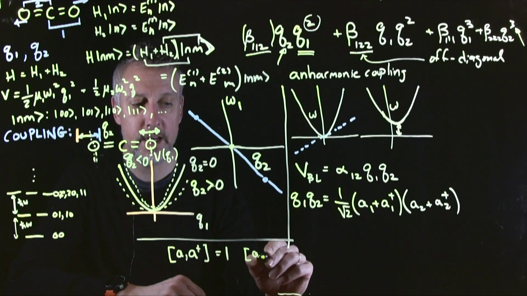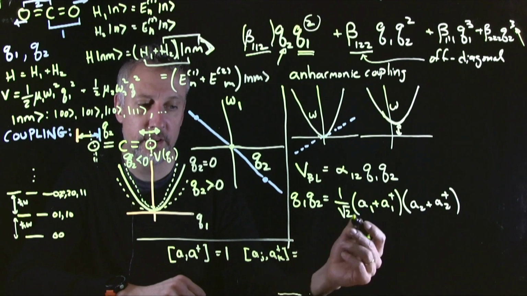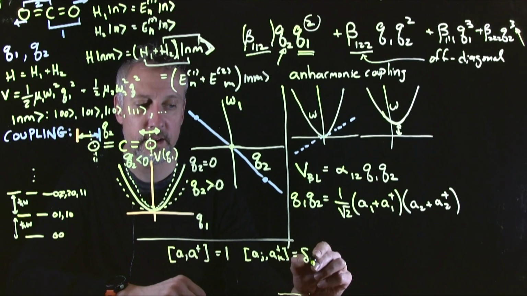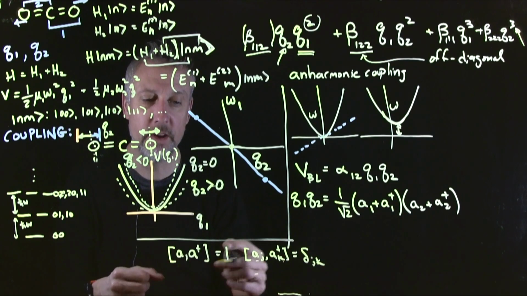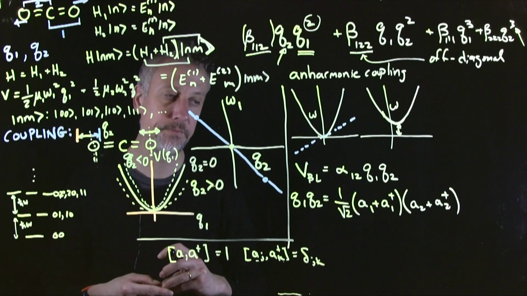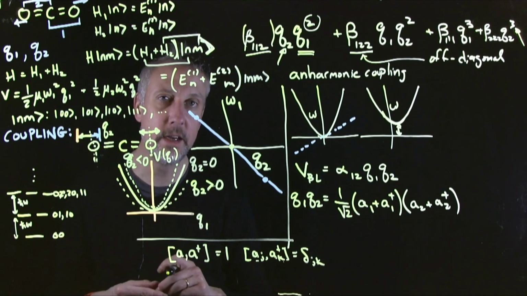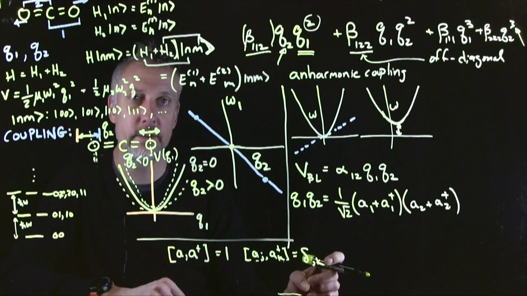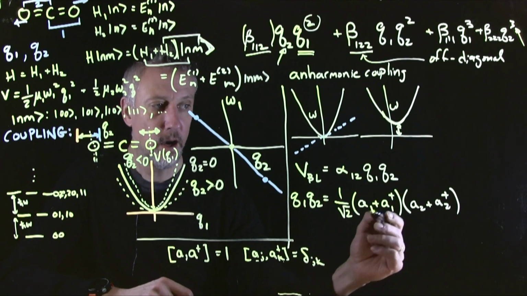So we'll have A_j, A_k dagger, and then it's a cute, fun little exercise to prove that this is equal to delta jk. If these two labels are the same, if it's the same dimension, then we have a 1, but they commute if they're on different dimensions. You can do that by converting them back to Q and P, and it's a page, but it's not conceptually that challenging.